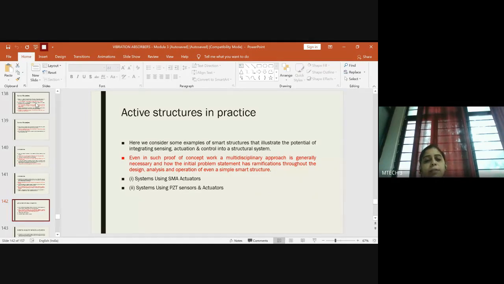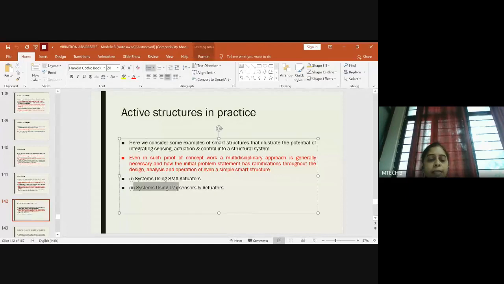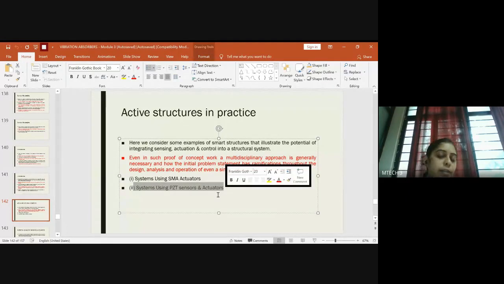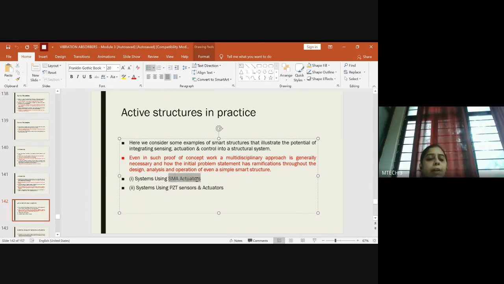Right. So we'll first go with systems using PZT sensors and actuators, how a smart structure will be developed by using them. And later we'll see the structures which are developed by using shape memory alloy actuators.